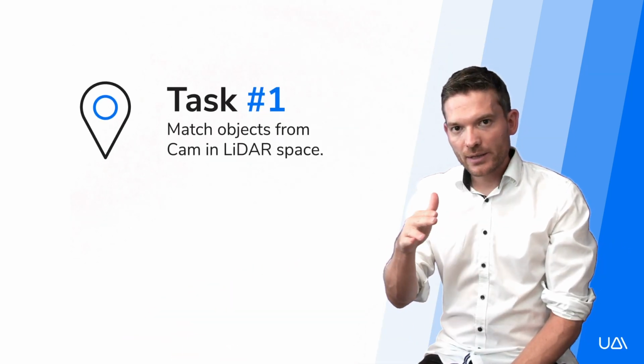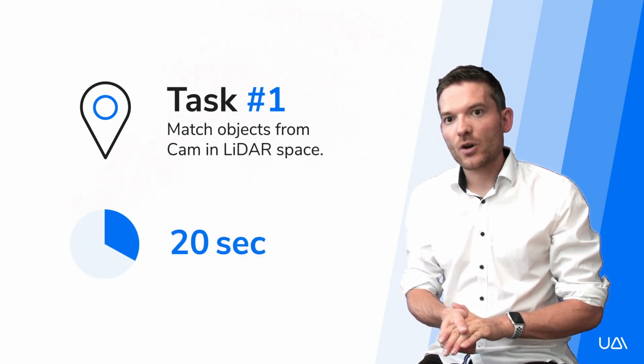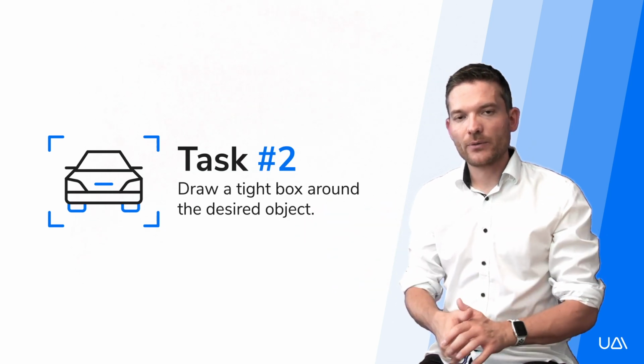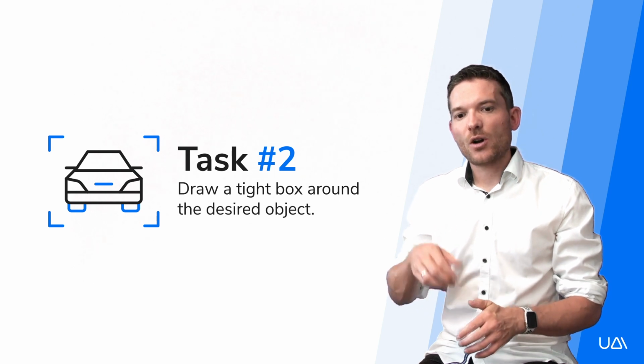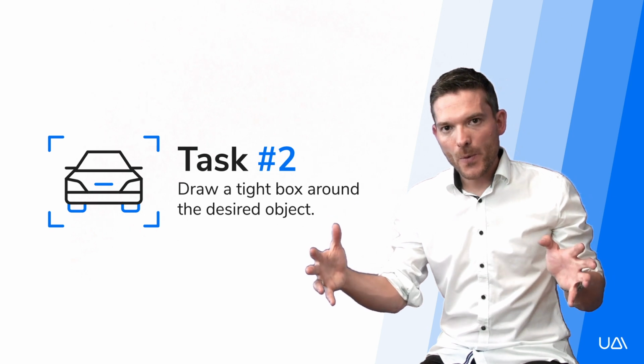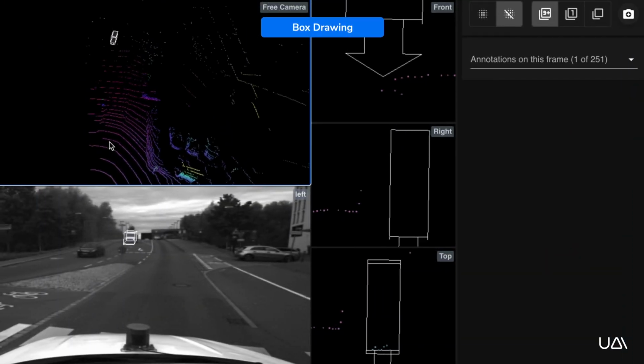So once you did that, that's the first task. We assume it takes around 20 seconds on average. Then you move on to the second task. Now you know where objects are located, at least roughly, and now what you do is object detection. This means within your 3D world, like in a game, you're navigating close to the object you detected.